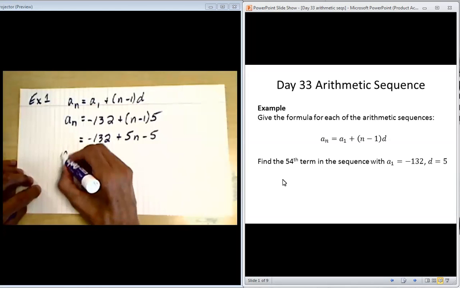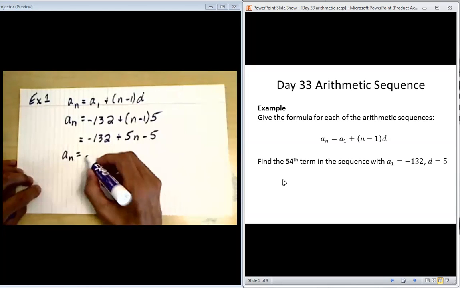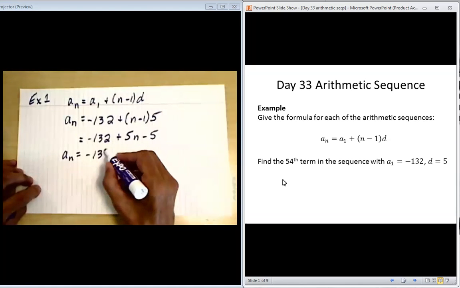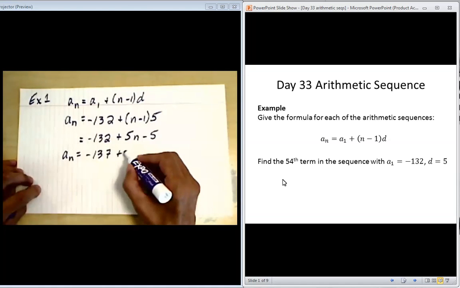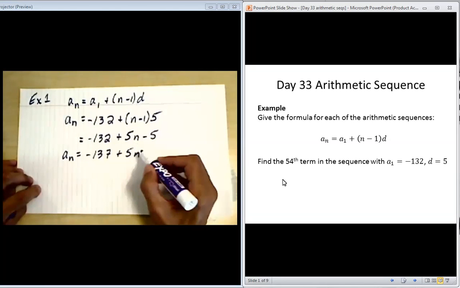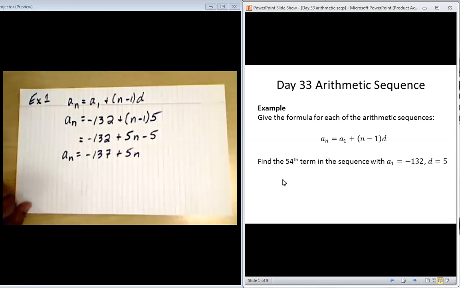And so our formula for this example is going to be minus 137 plus 5n, like that. Okay, so that's the first part, is to give the formula for it.